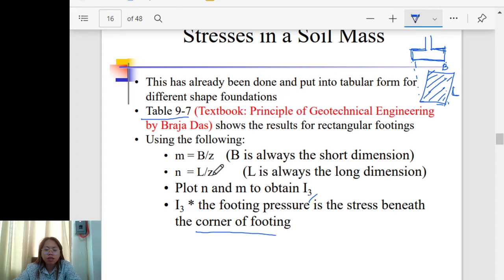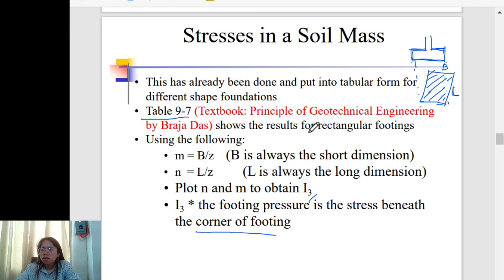Now divide by Z, which is the depth you are considering at that location. Then plot N and M to obtain the I sub 3. Then I sub 3 times the footing pressure is the stress beneath the corner of the footing.